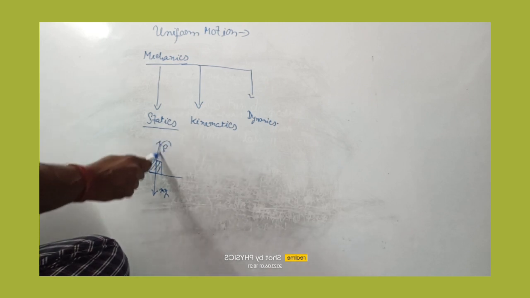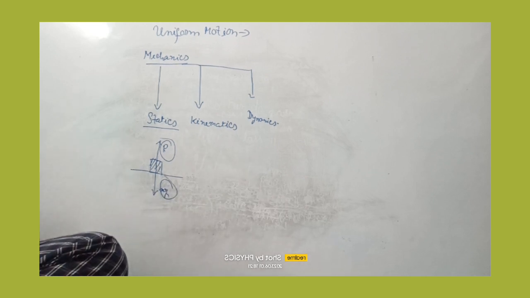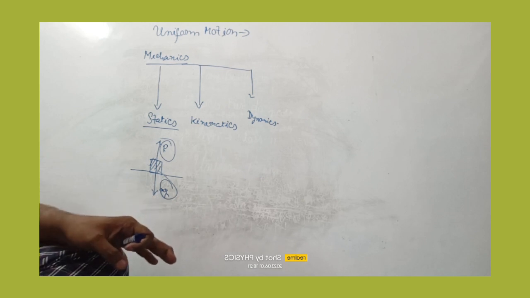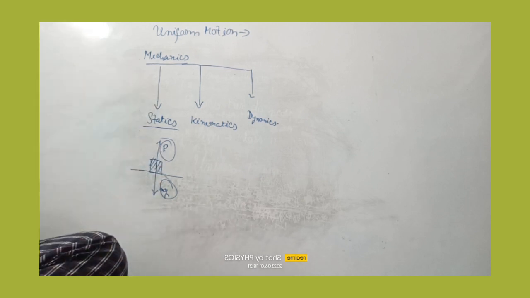So there are two forces, the normal reaction force and the weight of the body. Both of them act on the object to keep it in the equilibrium position. This study is known as statics.